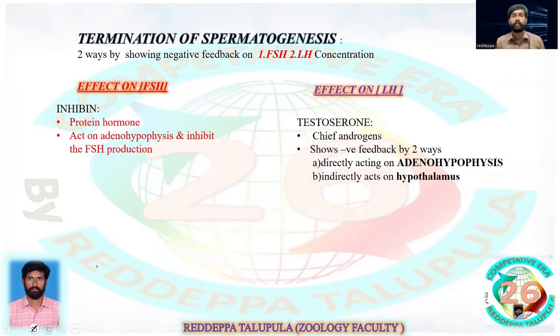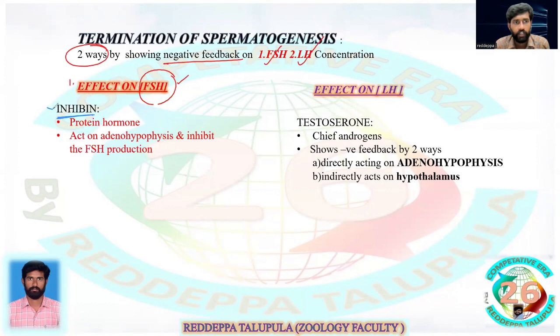Next, after that, termination of spermatogenesis. The final concept in spermatogenesis is its termination. It happens in two ways: by negative feedback on FSH and LH concentration, because these two hormones are the main hormones involved in spermatogenesis. So if they are terminated, then surely spermatogenesis is restricted. First way, effect on concentration of FSH.